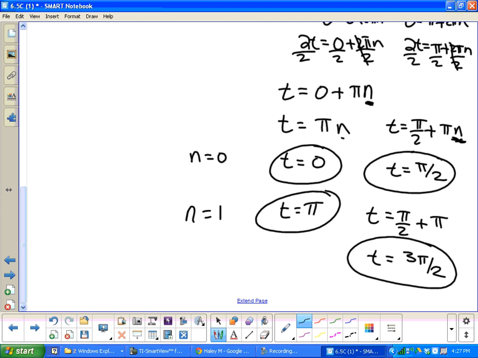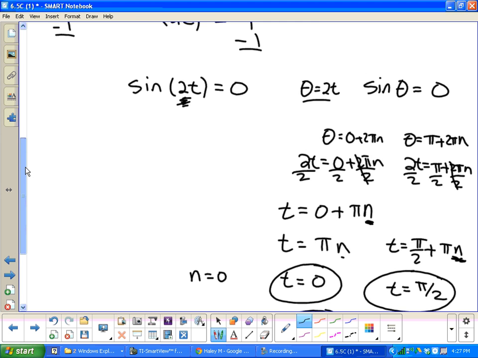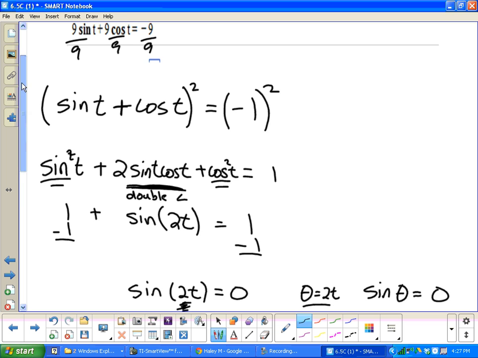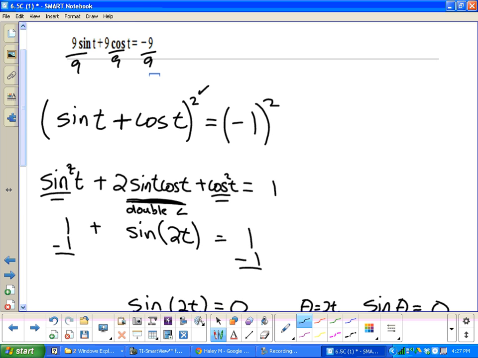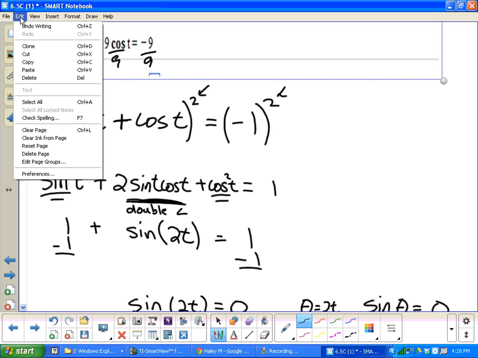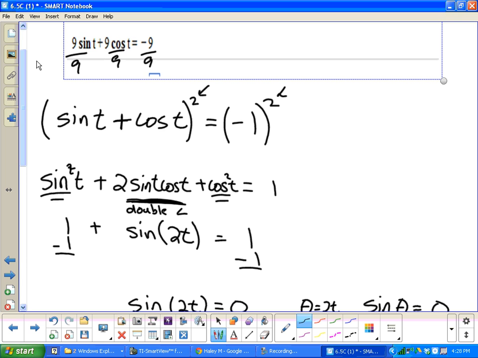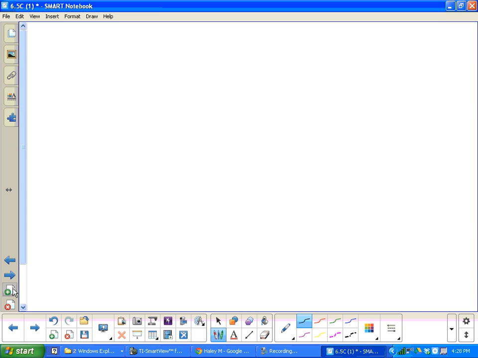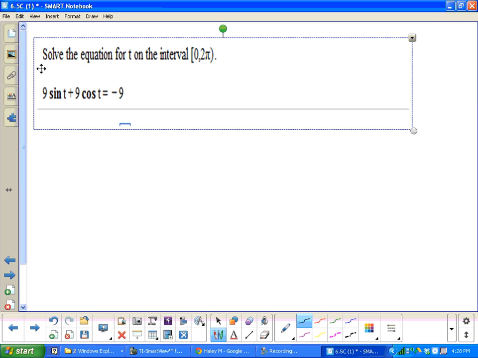Maybe. Recall something. Look what we did back here. We squared both sides. So that means I have to check all these solutions to make sure that they work. This problem sucks. So let me copy the equation, and I'm going to copy the solutions over so we can check them.